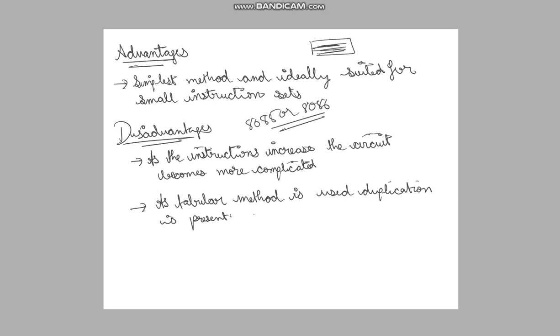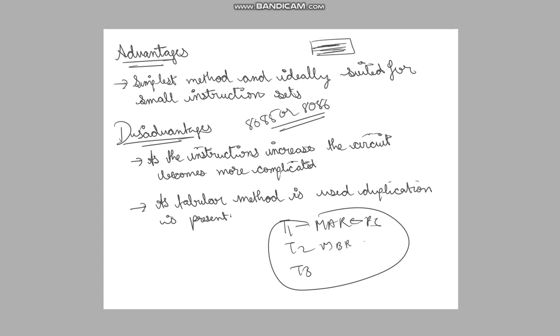And as a tabular method is used, duplication is present. What does that mean? In my earlier lecture about micro operations, I talked about an example. In the first T state, MAR gets the value of PC. In the second state, MBR gets the value from the memory, and in the third state, MBR gives the value to your instruction register, and PC is incremented.